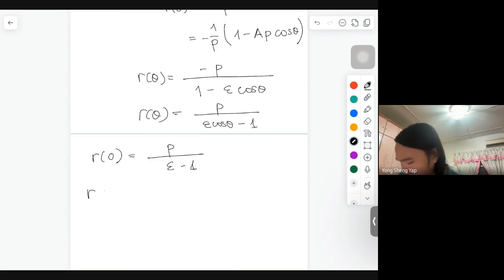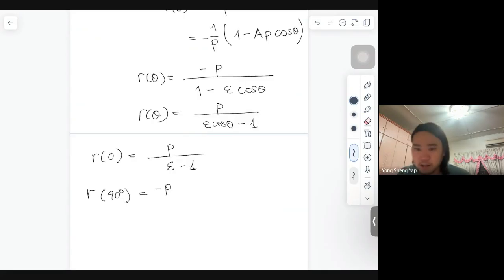That's not very helpful. For 90 degrees, epsilon goes to 0, so this is minus. Sorry, something looks weird. Have I done something wrong?